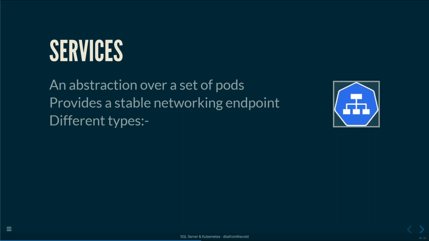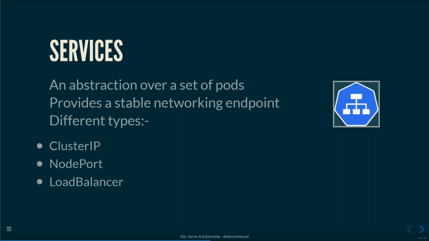And there are different types of service. We have cluster IP. The service will get an IP address that is only accessible from within our cluster. Node port. The service is exposed on the same port on all the different nodes in the cluster. So we use a node IP, and that port we connect to the service.